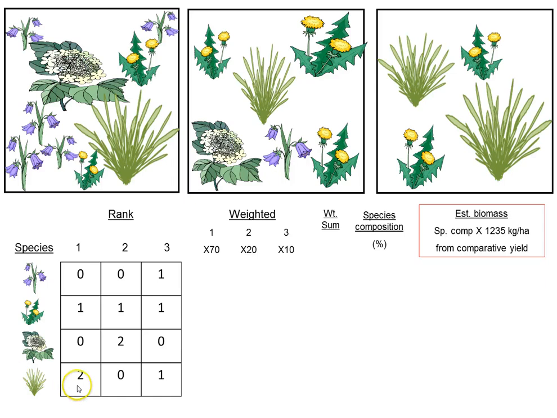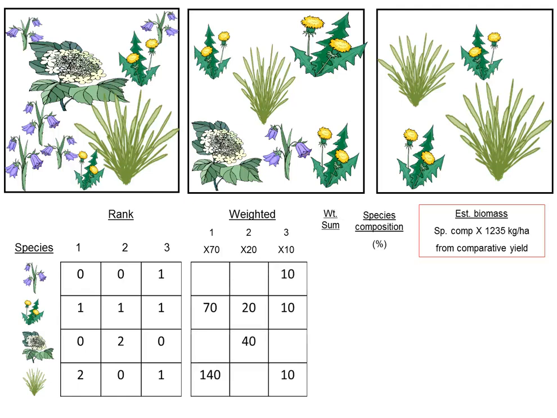The grass was ranked the first ranking twice, and it was given the third ranking once. So we're then going to weight them. The first rank gets weighted 70% or multiplied by 70. The second rank is weighted by 20%, and the third rank is weighted with 10%.